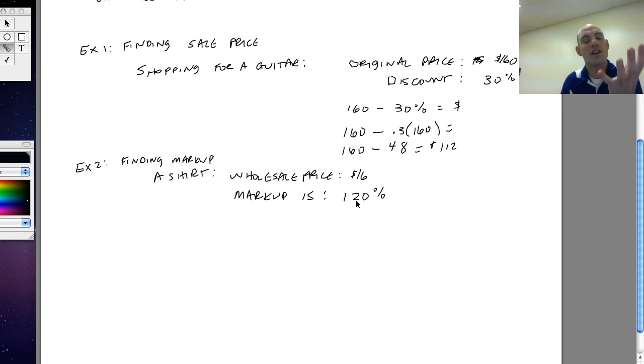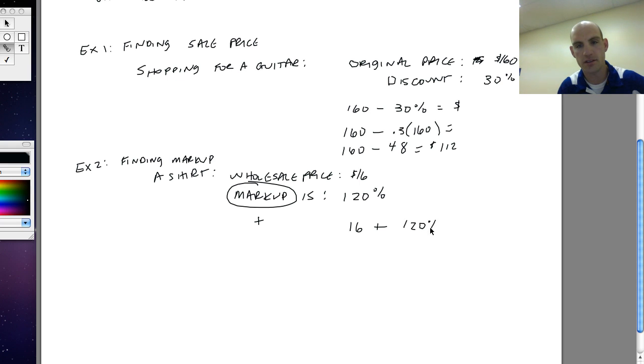And so it's going to be the same way. We have 16 plus, because it's markup, so that means we're going to be adding to it, 16 plus 120% of 16 equals our price. I'm going to do the same thing. Use my calculator to calculate what 120% of 16 is. So I've got 16 plus.